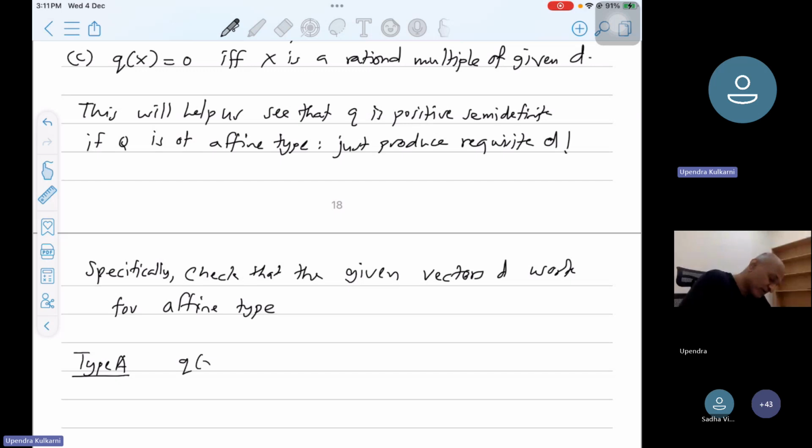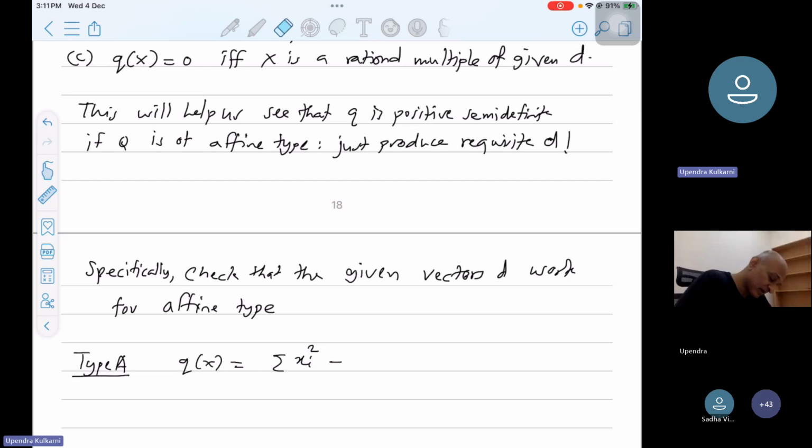So Q of x is going to be the summation of xi squared minus, and so you see now I have a chain. 1 is connected to 2 is connected to 3, all the way to n plus 1, which is connected back.